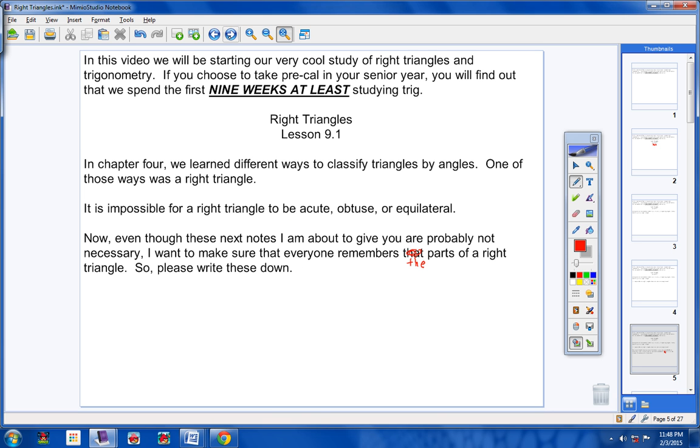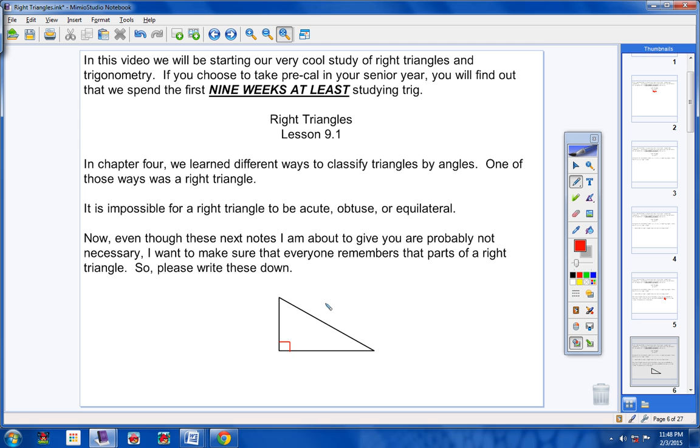Here we go. Draw a right triangle in your notes, please. Let's label these quickly. This angle here, obviously, is called your right angle, 90 degrees. Now, the right angle always points to the hypotenuse.